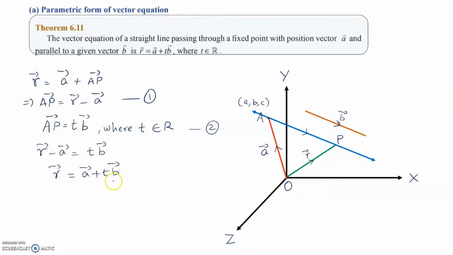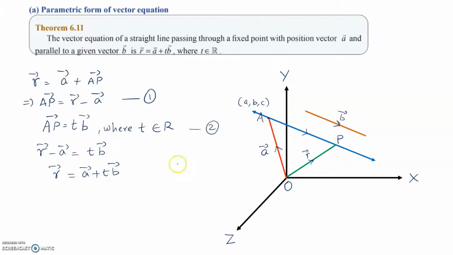Now, what does this actually mean? I want you to visualize this, look at it in a practical sense. This is my vector R, and t is a parameter. As the value of t keeps changing, the point P will keep shifting, because A plus t times B will give you AP.